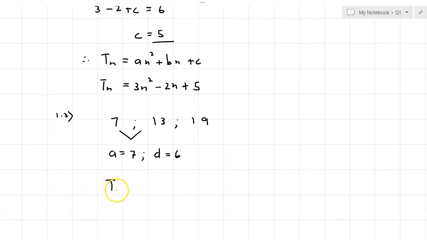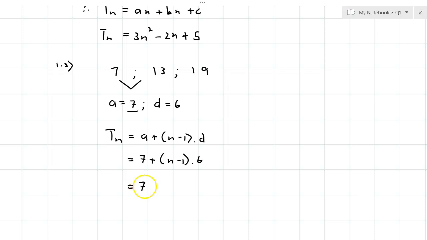We can say Tn equals A plus n minus 1 times D. So we've got now A, which is the first term there, so n minus 1 times D, and our difference is 6.